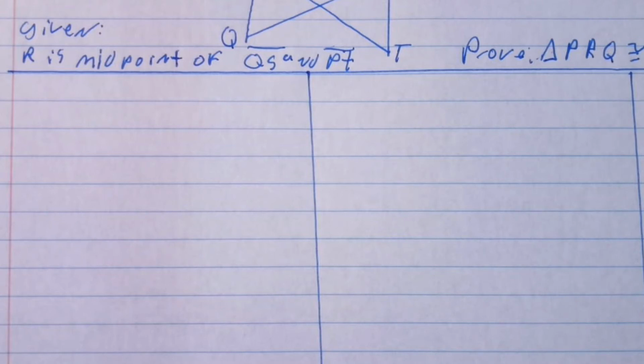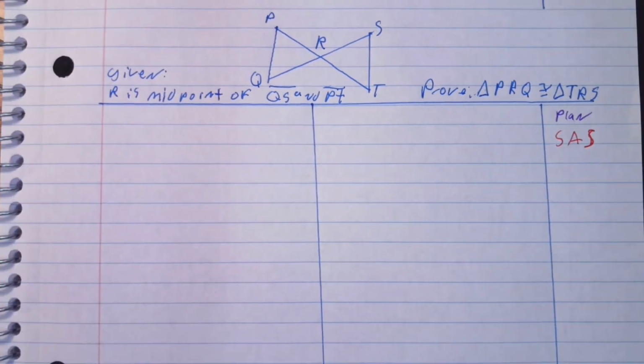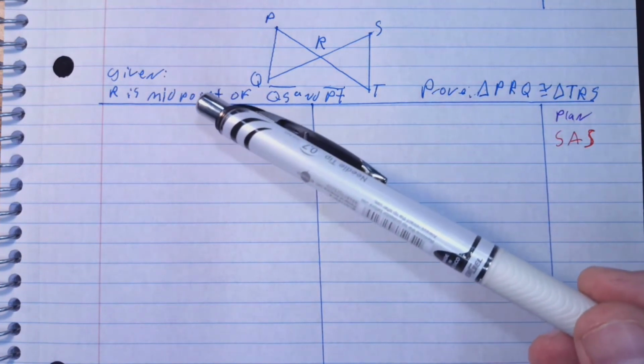What's the proof? It is triangle PRQ and TRS. So in this one, I know the beginning. I know the beginning is given, and I know the end.